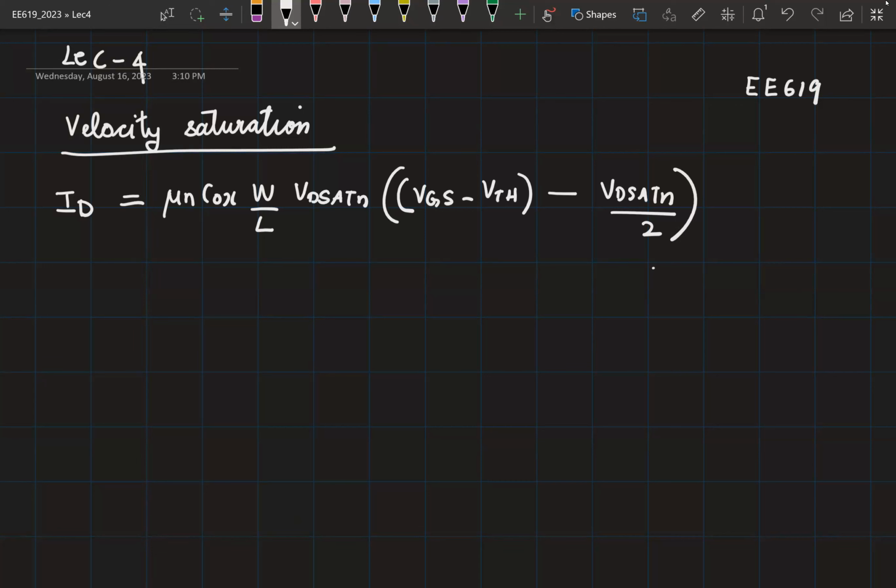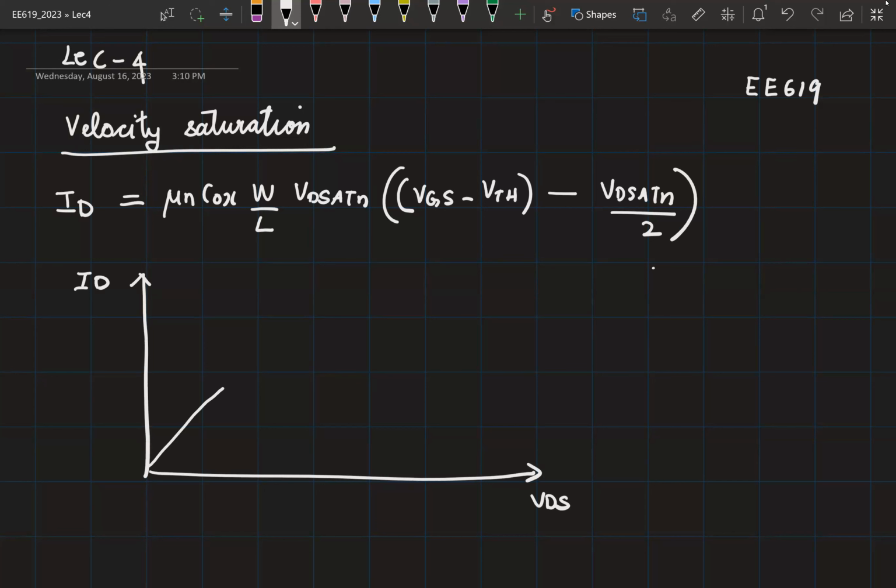So this is what we had derived in class, and we saw that when we plot ID versus VDS, you will see a linear behavior till VD sat, and beyond this, according to the equation, this should have been flat, right?